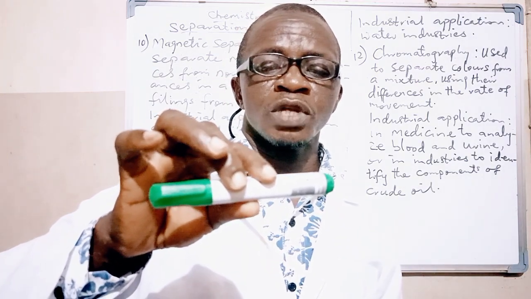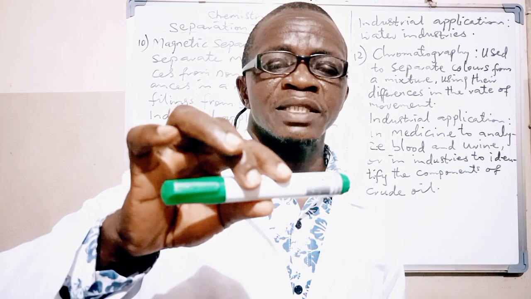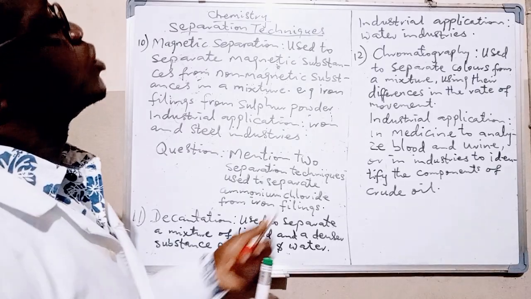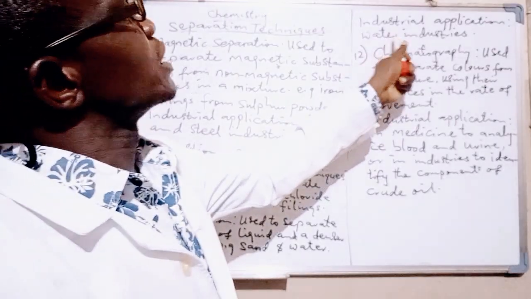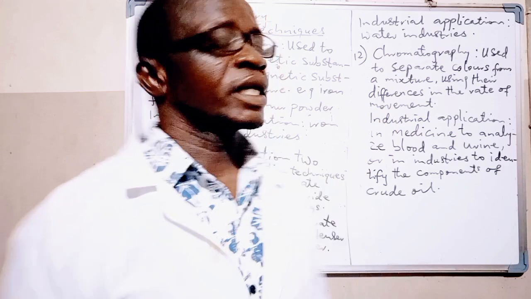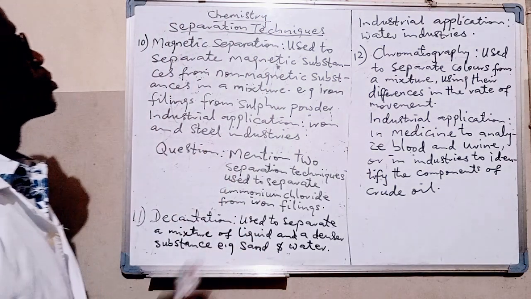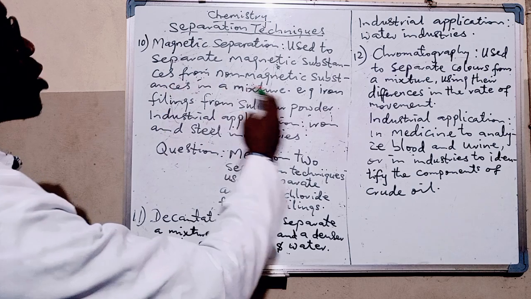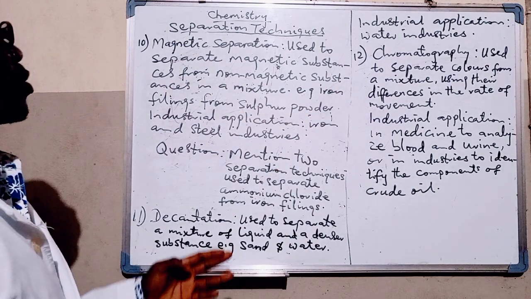When the denser solid particles want to follow, you stop. That's decantation. So where can it be used? Water industry. The next technique is magnetic separation. It is used to separate magnetic substances from non-magnetic substances.